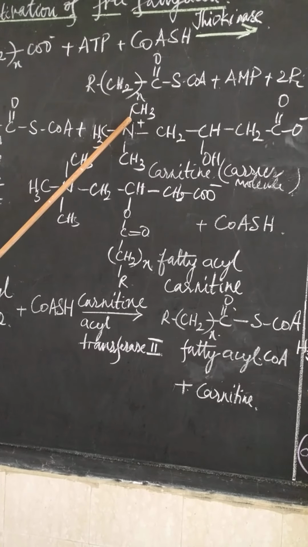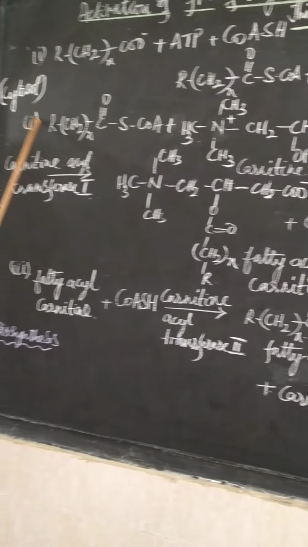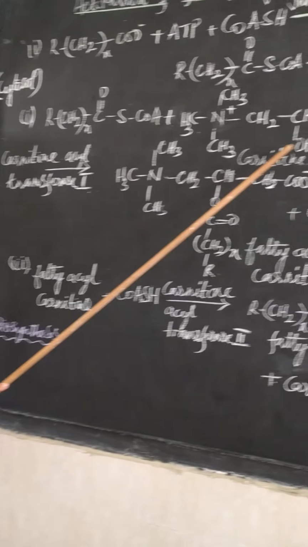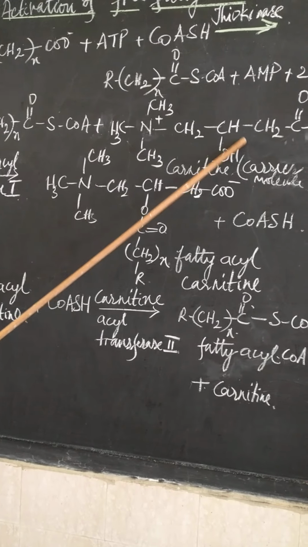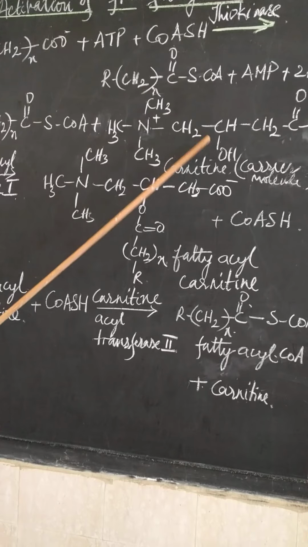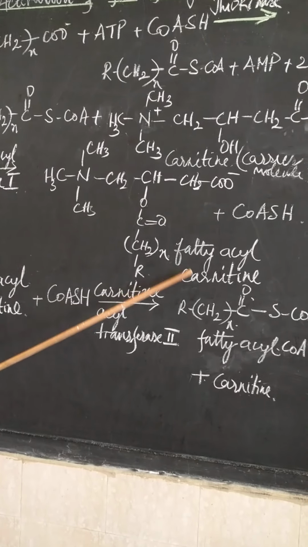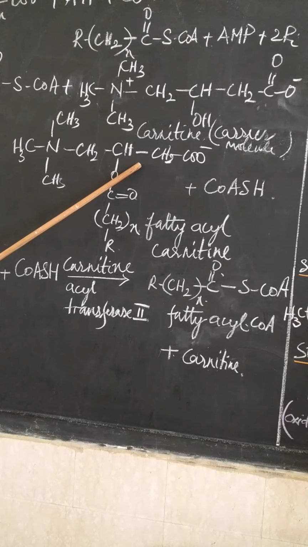Now, this is a carrier molecule. The acyl group is loaded onto this carnitine, at the hydroxyl position here, and therefore I get fatty acyl carnitine.